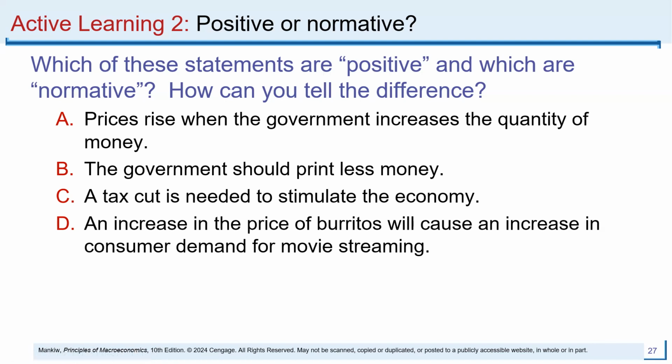However, it is also a kind of suggestion. For D, an increase in the price of burritos will cause an increase in consumer demand for movie streaming. So D is a positive statement.